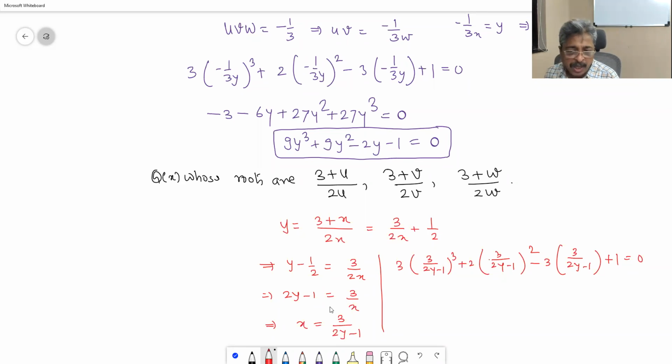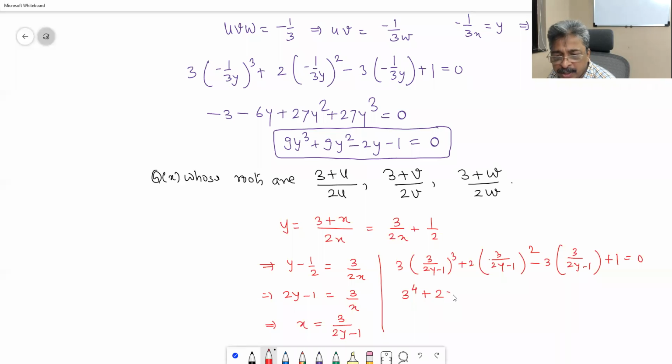So multiplying the entire equation by (2y minus 1) bracket cube, I get 3 into 3 into 3, 3 raised to 4, that is the first coefficient, plus 2.